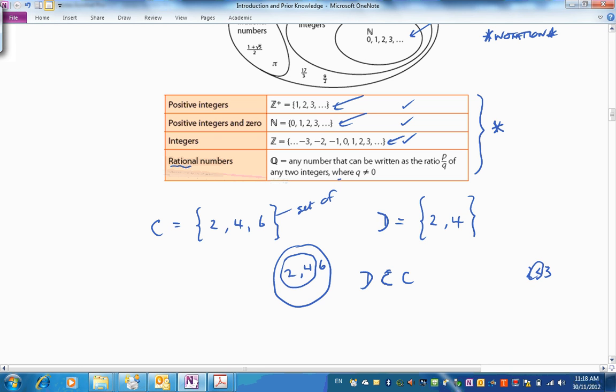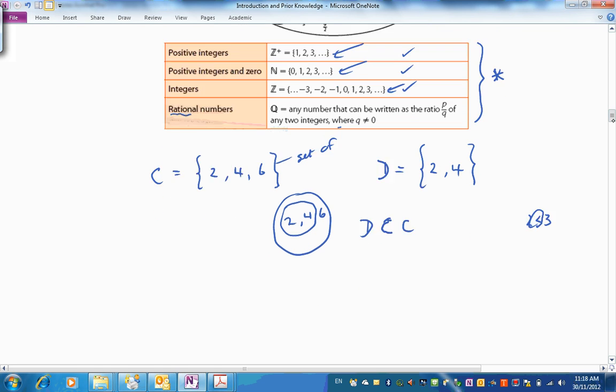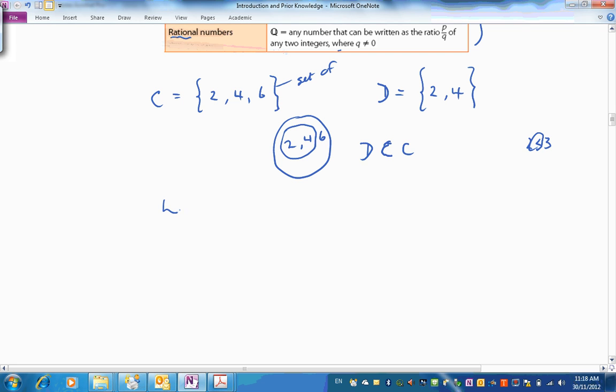So D is contained within C, D is less than C. If you said, let's come down here a little bit further, if you let D be the set {2, 4, 6} also, then you could say that D was contained within or equal to C, because they're the same set. Also, C is contained in or equal to D. So you could do either of those two if they contain the same elements.